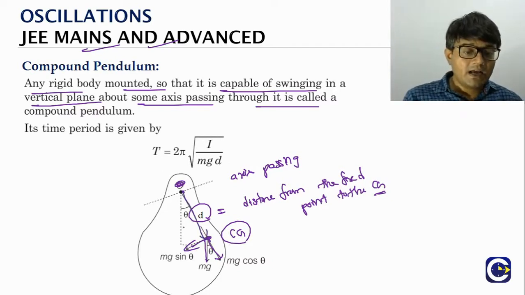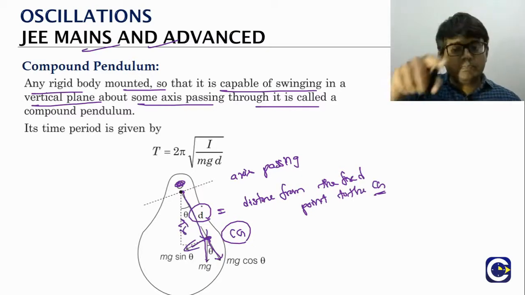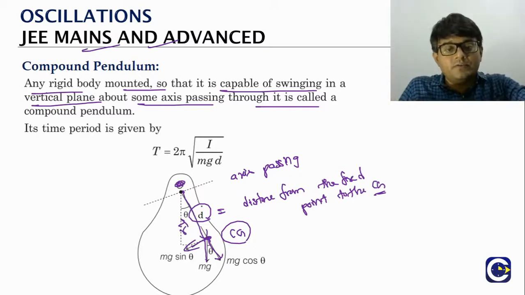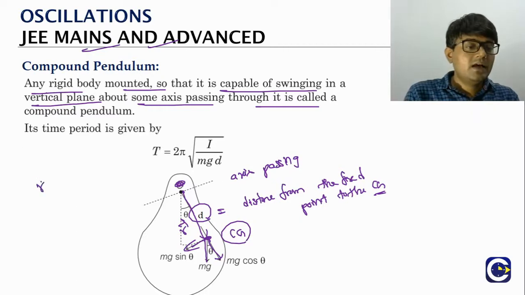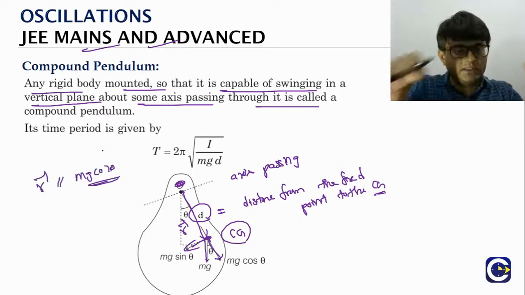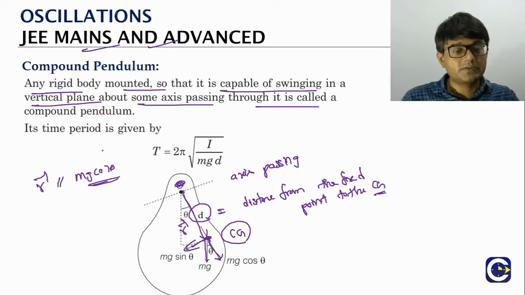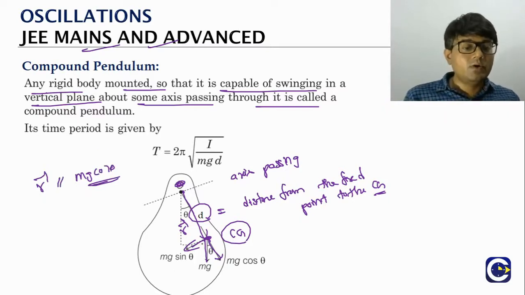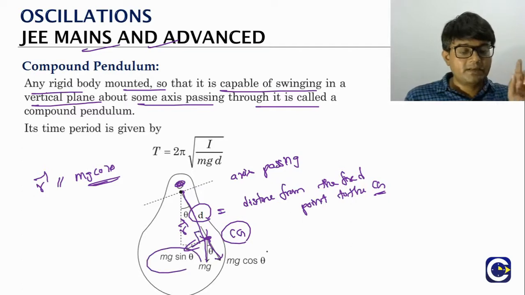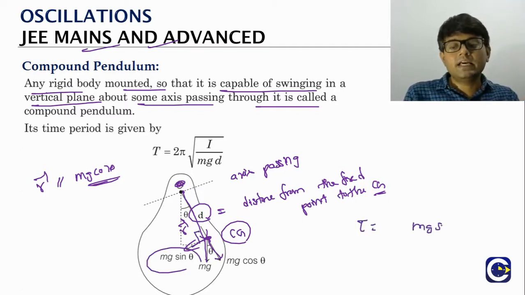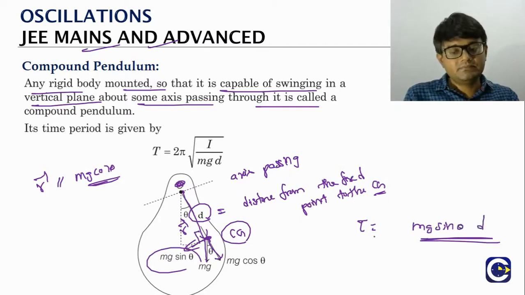If r bar is the position vector of the point where we apply the force from the fixed point, then we can see r bar is parallel to mg cos theta, that component of weight. So the torque because of it is 0. The torque will be only because of the mg sin theta part. The torque value will be mg sin theta into d, because the angle between them is 90.